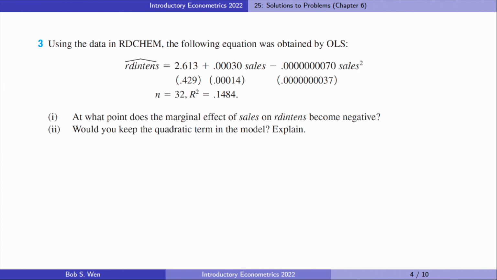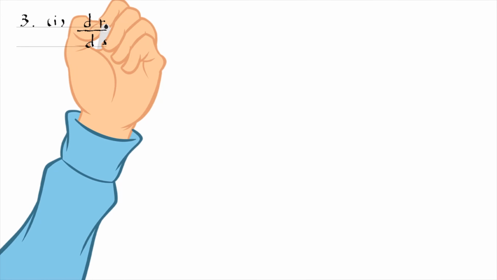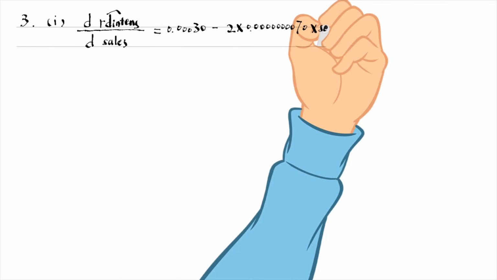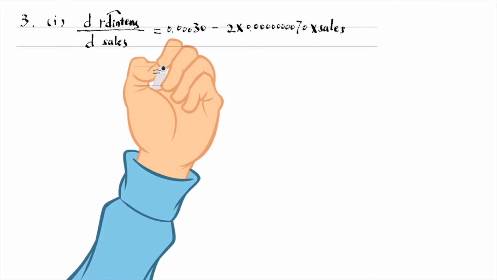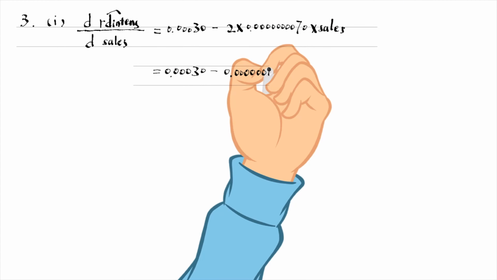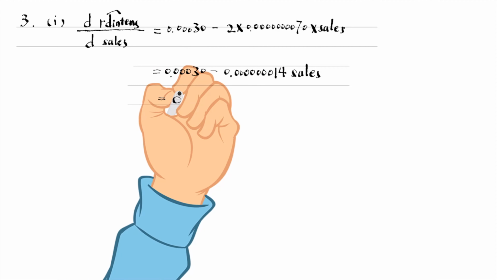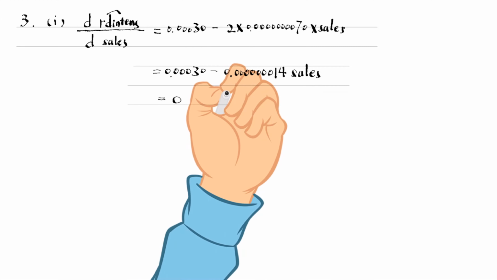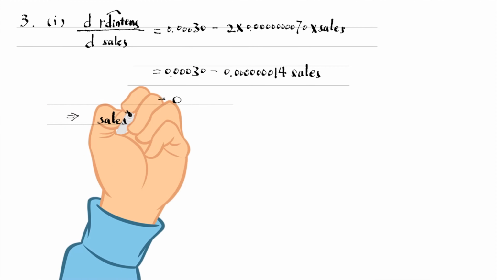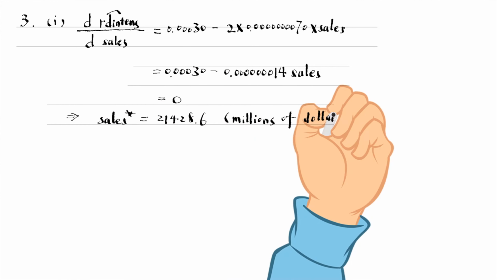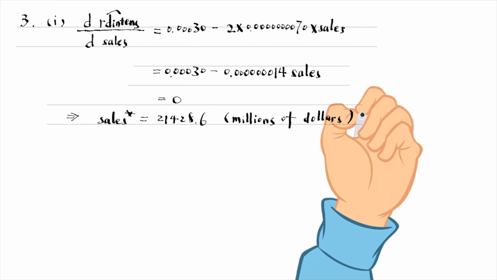In problem 3, we use calculus to show the marginal effect of sales on R&D. The turning point is $21,428.6 million.